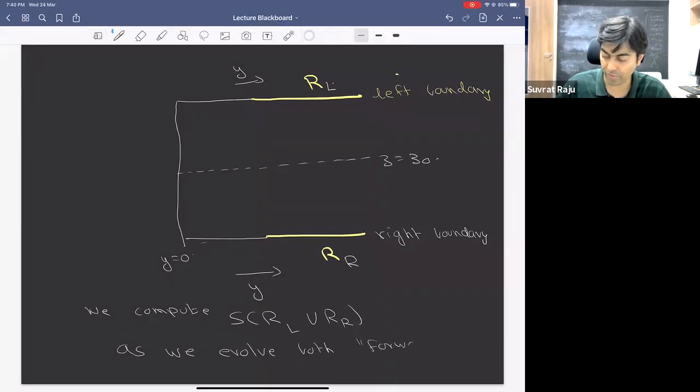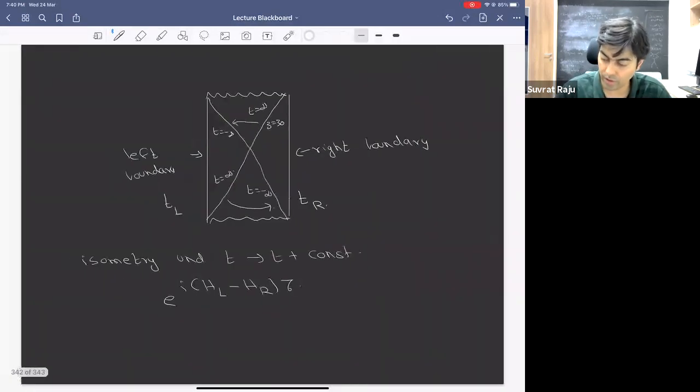And we want to ask how this varies as we evolve both forward in time. And I emphasize that when I say forward in time, if I was to go back to the previous figure and R_L was just a dot here and R_R was just a dot here, by forward in time, I mean I have to move both of them in this direction. Okay. So they both go up. And that is not an isometry of the geometry.